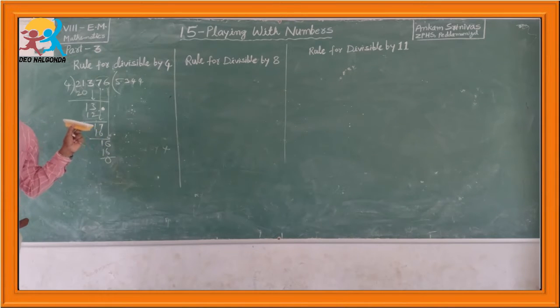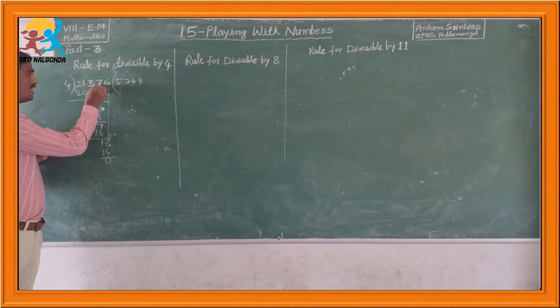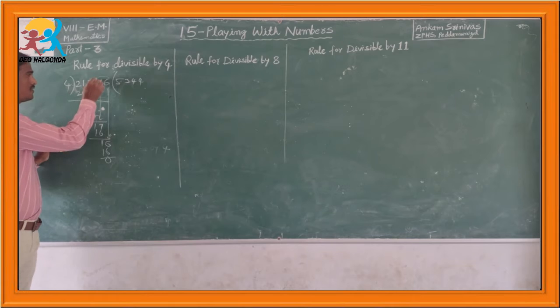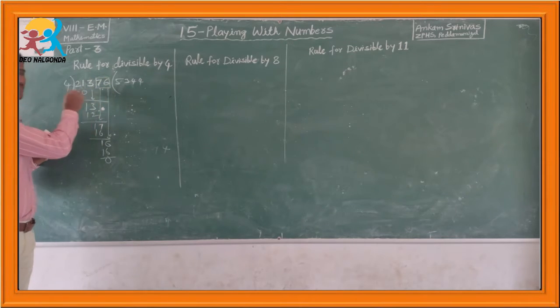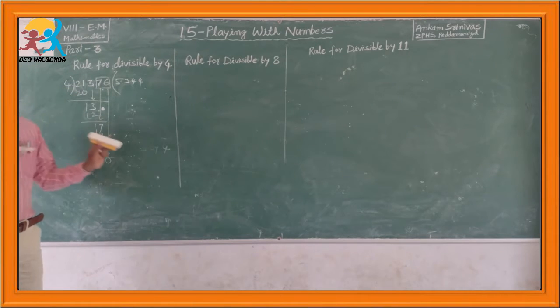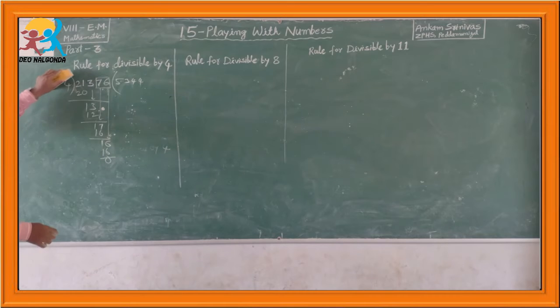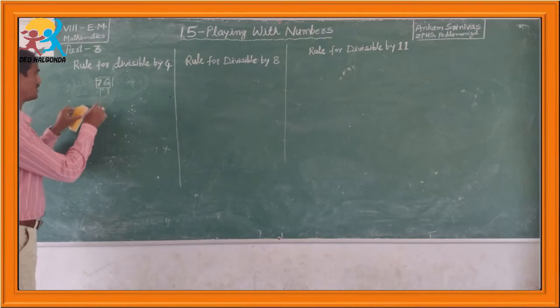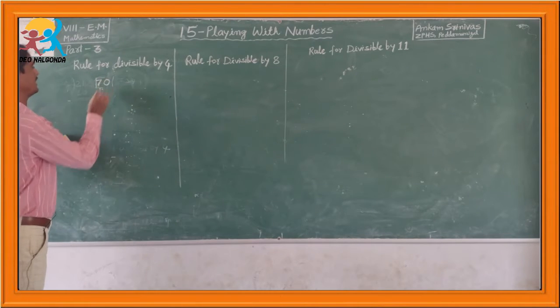So my dear children, what do you observe here? The last 2 digits decide whether it is divisible by 4 or not. If the last 2 digit number is divisible by 4, the given number is also divisible by 4. If the last 2 digit number is not divisible by 4, the given number is also not divisible by 4. Suppose I change 76 to 70.